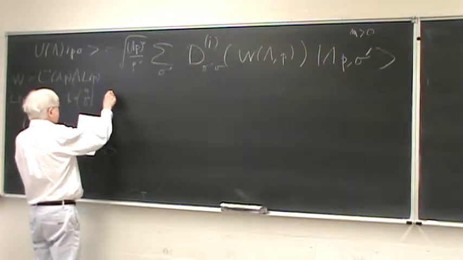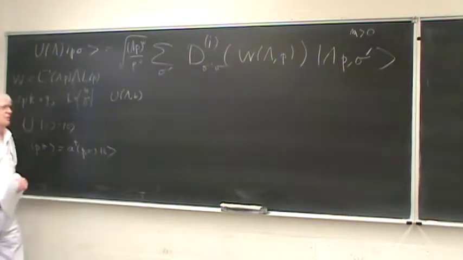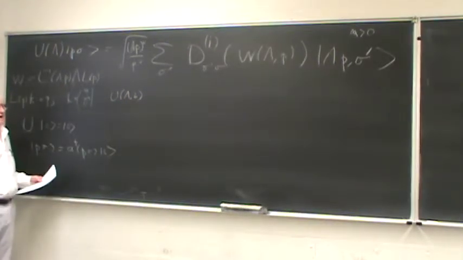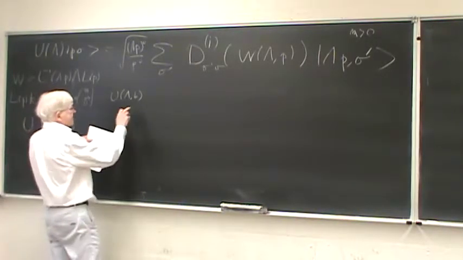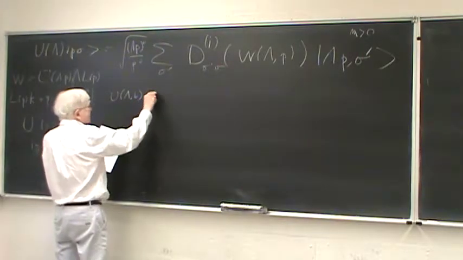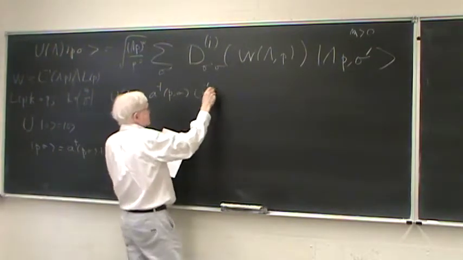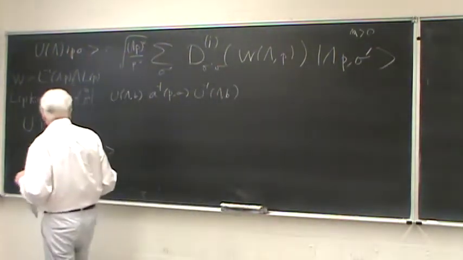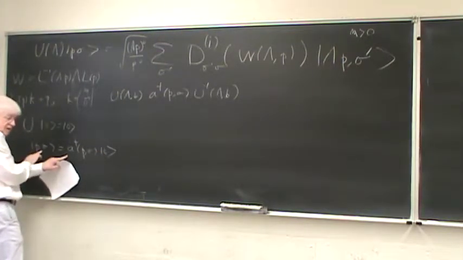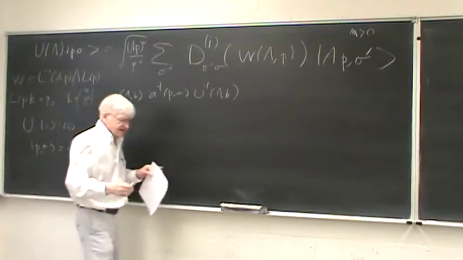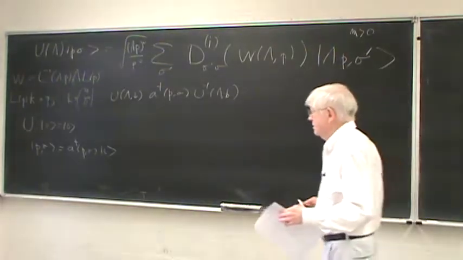It would be U of lambda and b, acting on the creation operator a dagger of p and sigma, times U inverse of lambda and b. Now this creation operator replaces the vacuum by the one particle state, or equivalently takes the n particle state and adds the particle p sigma.